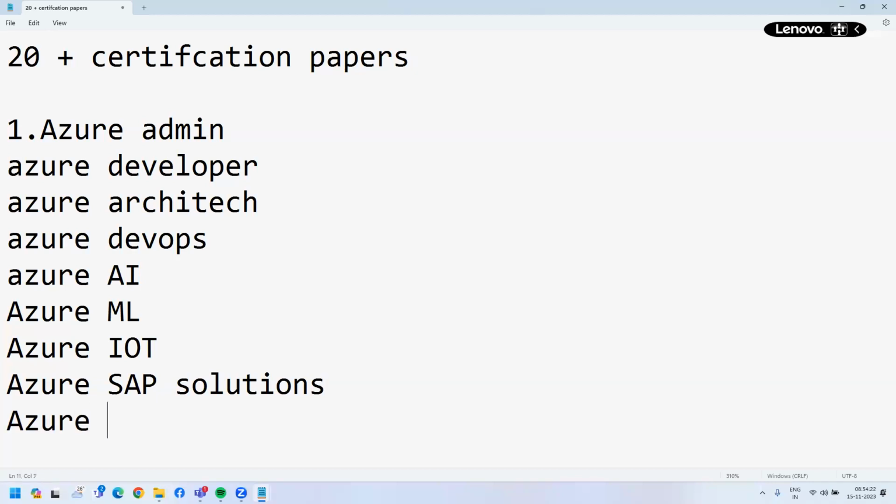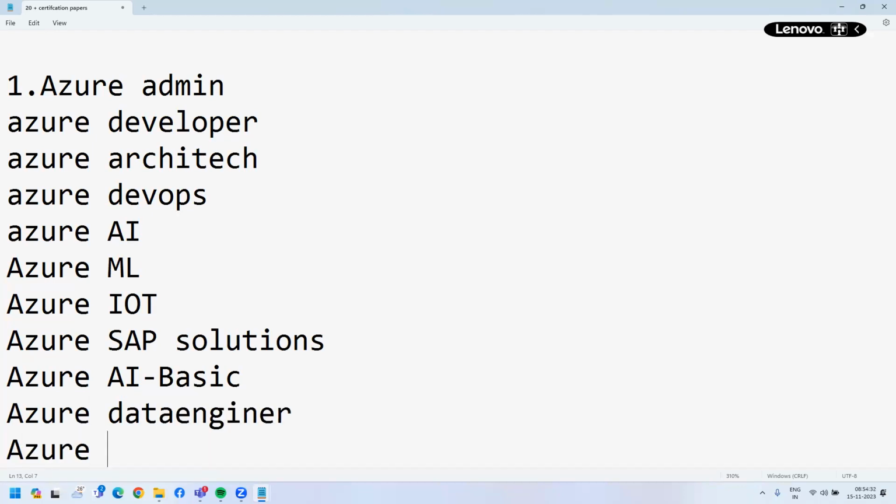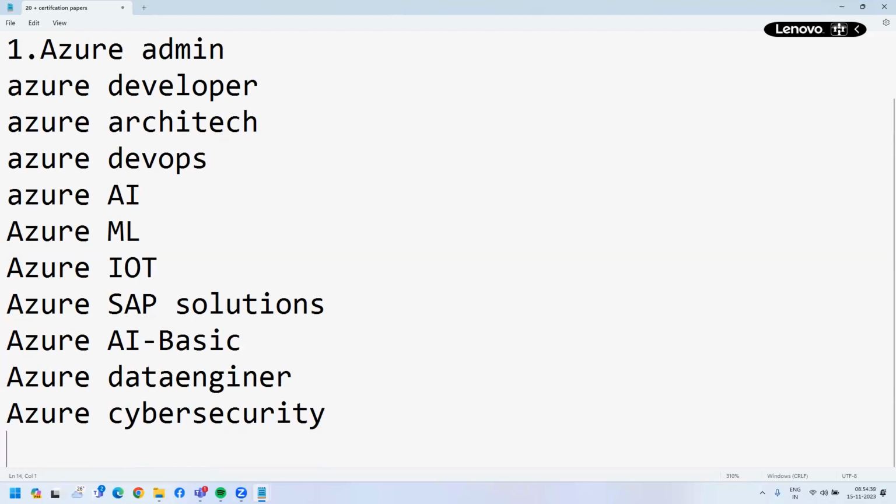They have designed the services especially for SAP solutions. Azure artificial intelligence basics, Azure data engineer, next also we have Azure cyber security. Like that we have 20 plus certification papers from Microsoft Azure.